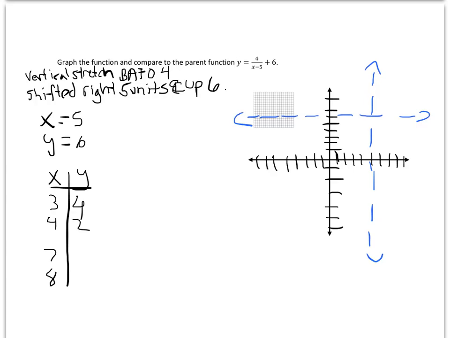So 1, 2, 3. 1, 2, 3, 4. And then 4, 2. Plug in 7, you get 8. Plug in 8.